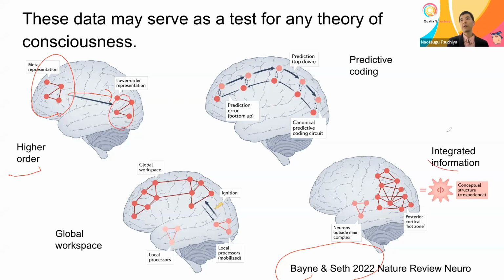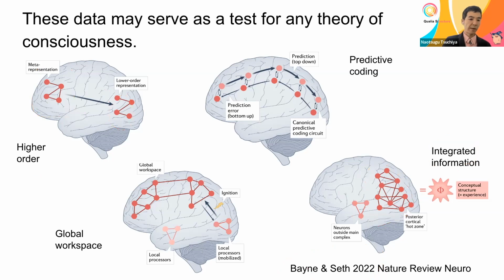On the other hand, integrated information theory says that when there is a significant chunk of the cortical hot zone, that is sufficient for consciousness, depending on the type of connectivity and so on. The other types of theory also make predictions about which particular areas of the brain are important for consciousness or not.